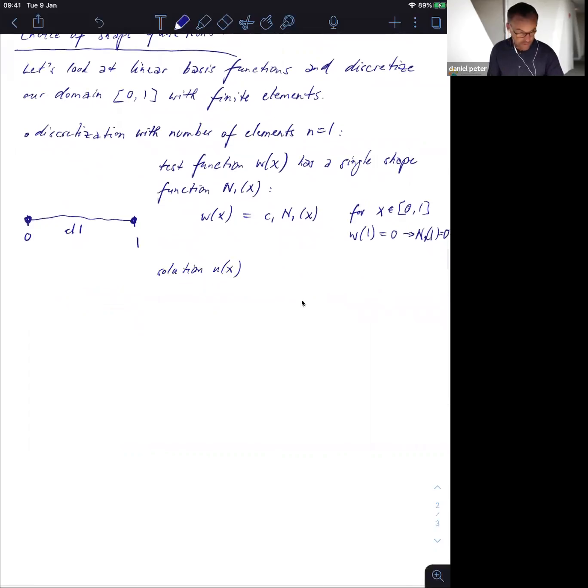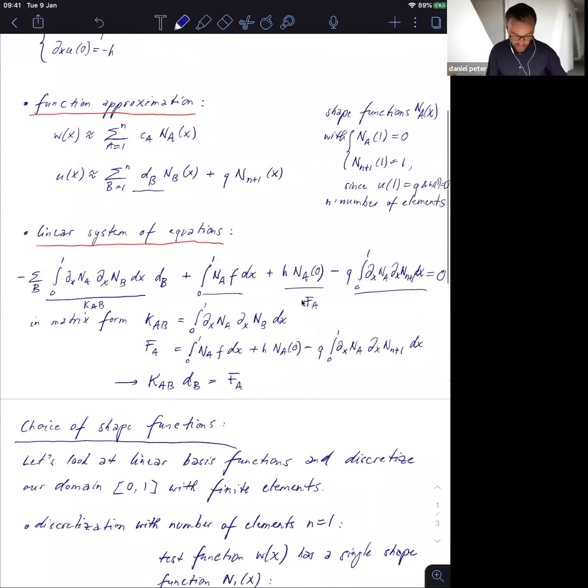Then for our solution function, solution u of x, look at our expression for the function approximation.